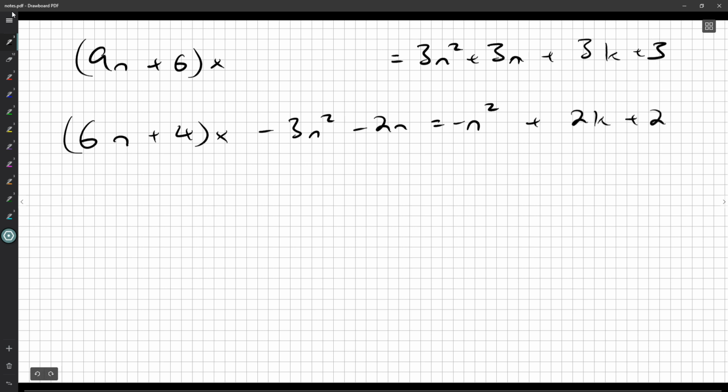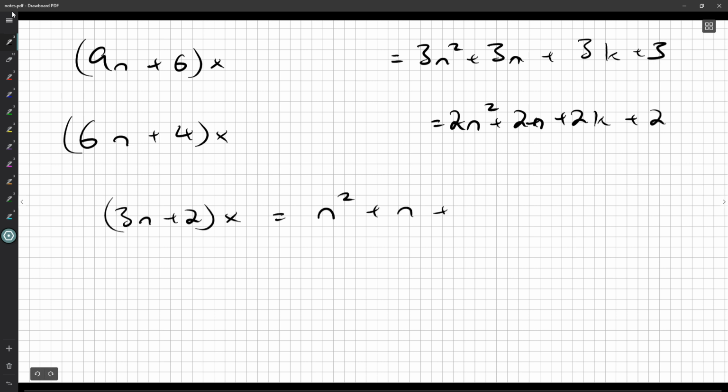Oh, I think this is going to go swimmingly. So add the 2n to both sides, and add 3n to both sides. So really what we got, 3n plus 2 times x. So dividing the top by 3 or the bottom by 2, either way you get this expression, n squared plus n plus k plus 1.